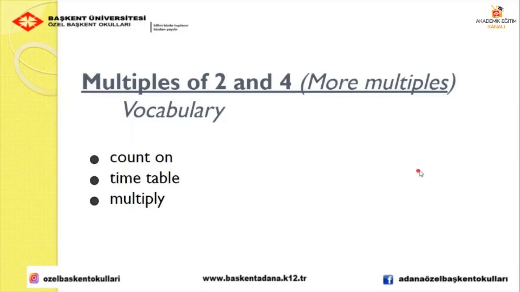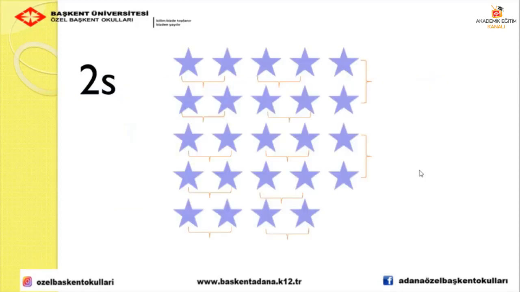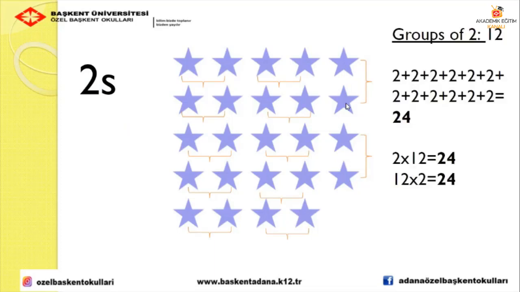Multiples of 2 and 4. In this topic, the words you need to remember are count on, timetable, and multiply. Counting in twos. When we count in twos, we make groups of two. So here you can see all the stars grouped in two. How many groups of two can you see? 12.